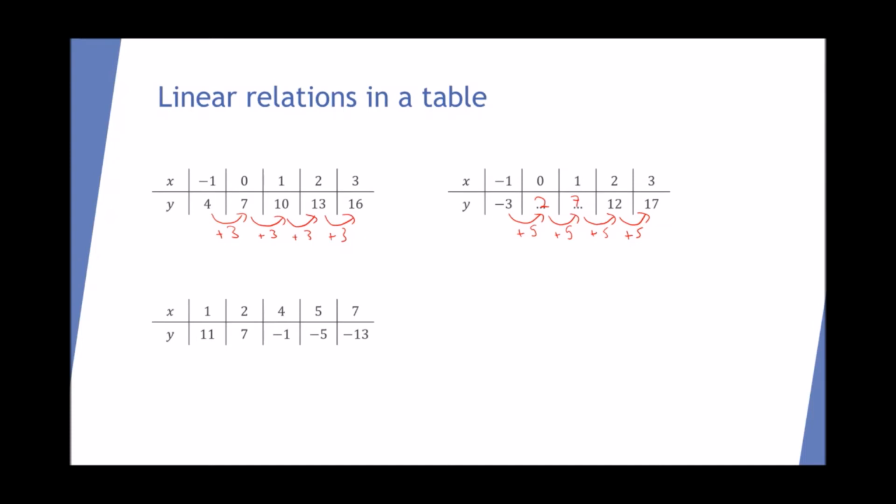Here we have something a bit more complicated because it looks like it's steps of -4 and then suddenly steps of -8 and then -4 and -8 again. It looks like it's not a linear relation. However, at the top we don't make the same steps either. So what is going on is that in the first step we do -4, and then in the next 2 steps we do -8.